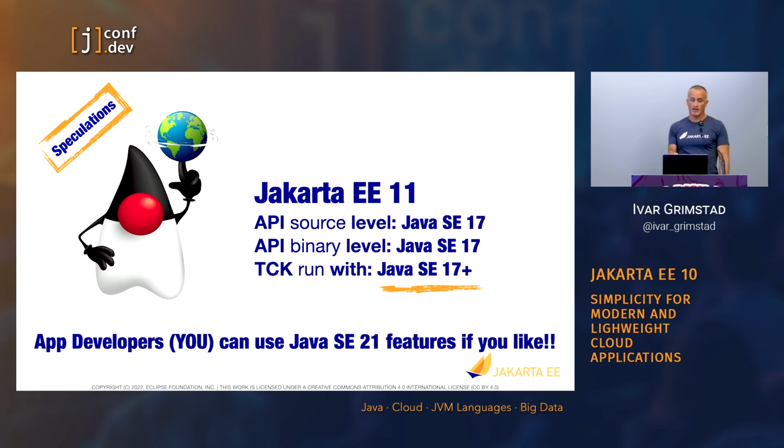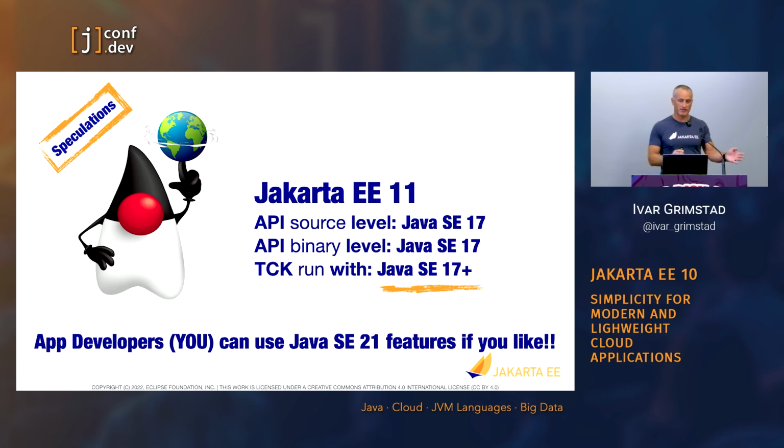EE 11 will probably be out when Java SE 27 is the current LTS. And that's just a year away. So should we even raise it to 21? Maybe not, but we should at least make sure it runs on 21. Because, if you know, in 19-ish, they did some changes with the security manager, and that's going to cause problems for us.